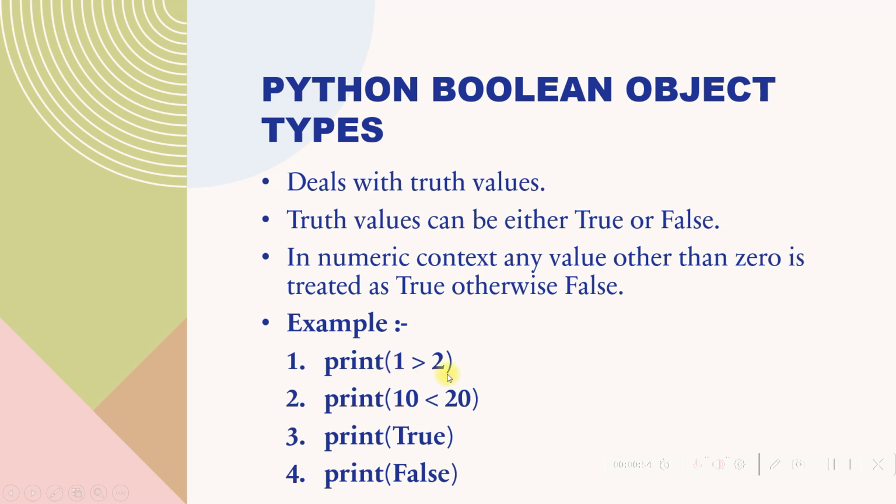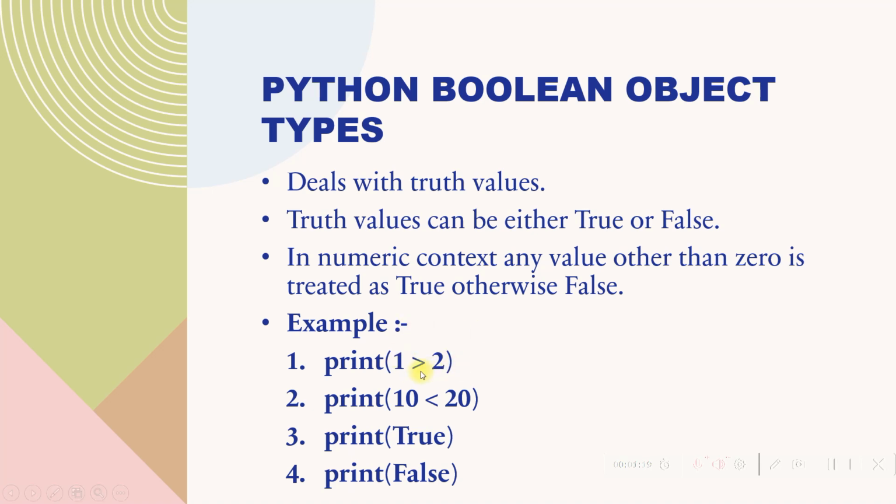Also, we need to remember that the Boolean object type is mostly the output of conditional statements. We'll talk about conditional statements later on, but for now we need to remember that if we are using any conditional statement, the result of that conditional statement will be either true or false.